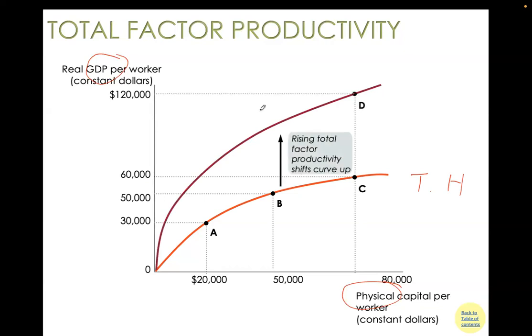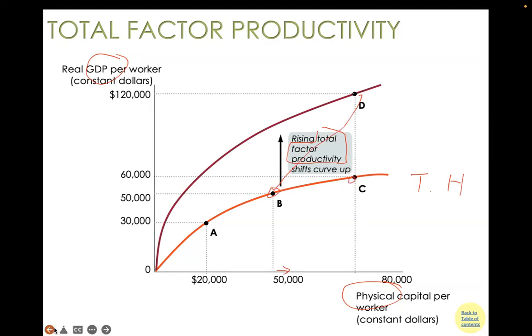Now just imagine at the same time there's rising technology. Here T stands for total factor productivity, which just stands for technology. If there's rising technology, when you increase physical capital, instead of moving from B to C, you may jump from B to D, right?